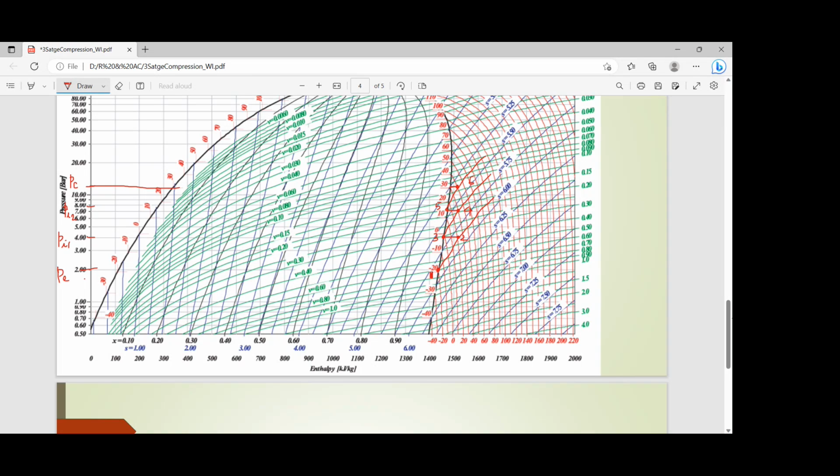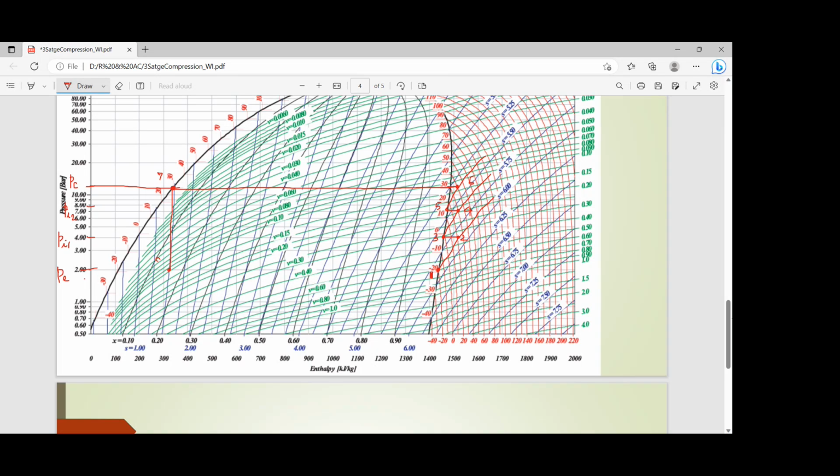So this is 30 over here. So this is where we have 30. So let's join these two. Okay, so the 30 over here, this is my point number 7. Okay, and then from here I have to draw a perpendicular till I reach the 2 bar line.